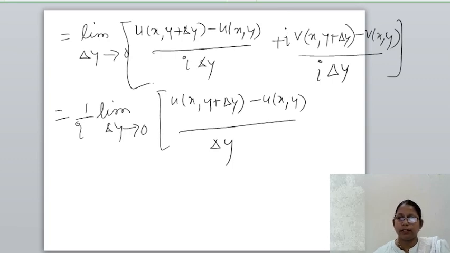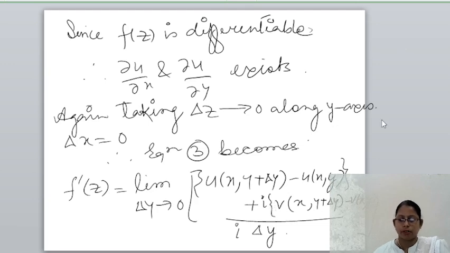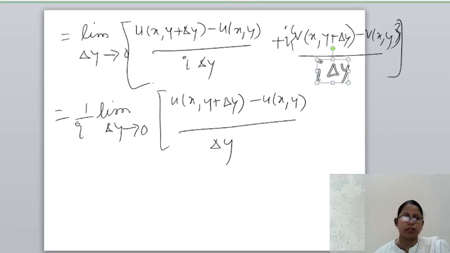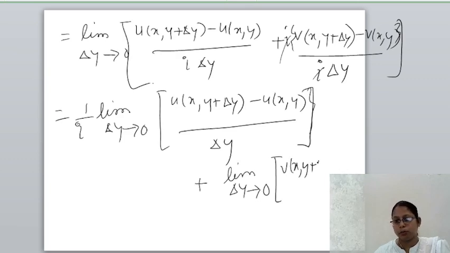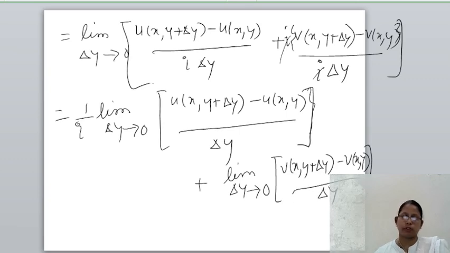There will be one i here, one i here; this i and this i will be cancelled out. This is a square bracket plus limit delta y tends to 0 v(x, y plus delta y) minus v(x, y) divided by delta y.